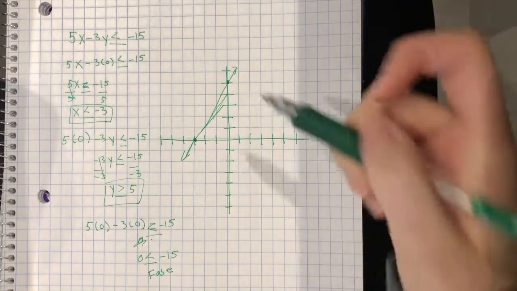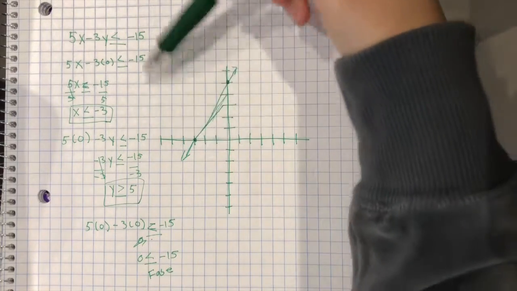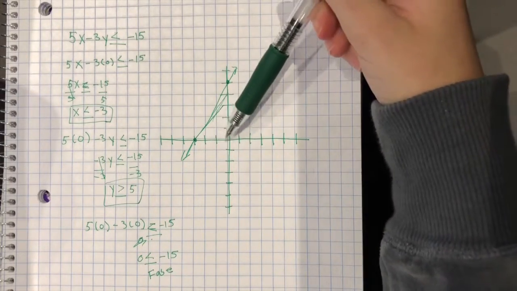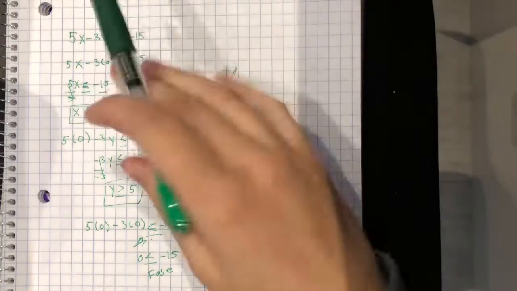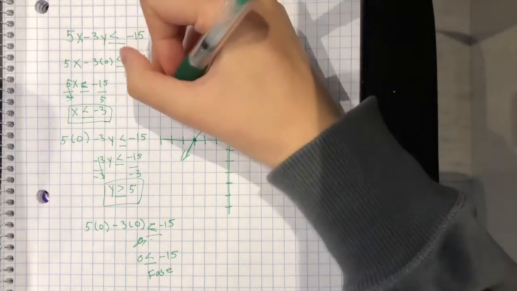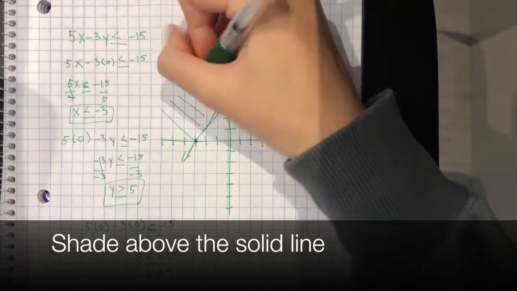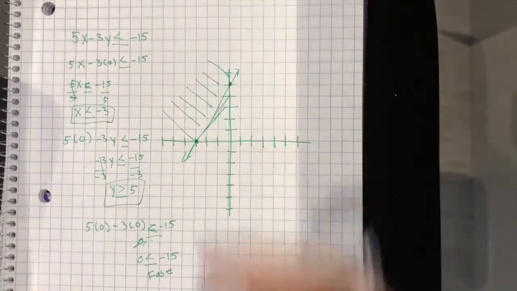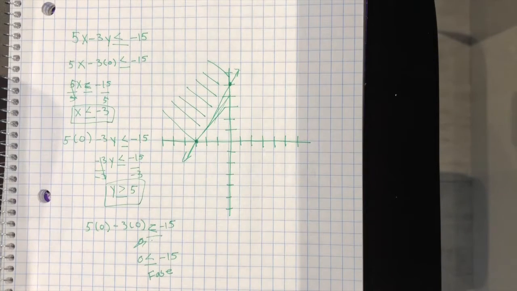So we're going to shade everything above the line, because 0, 0 can't be shaded in, since that is false. So that's how you sketch and graph the following linear inequality.